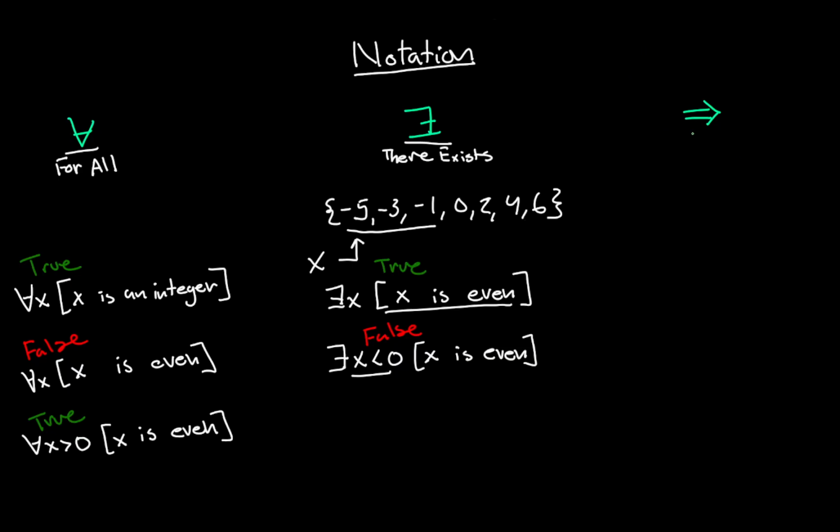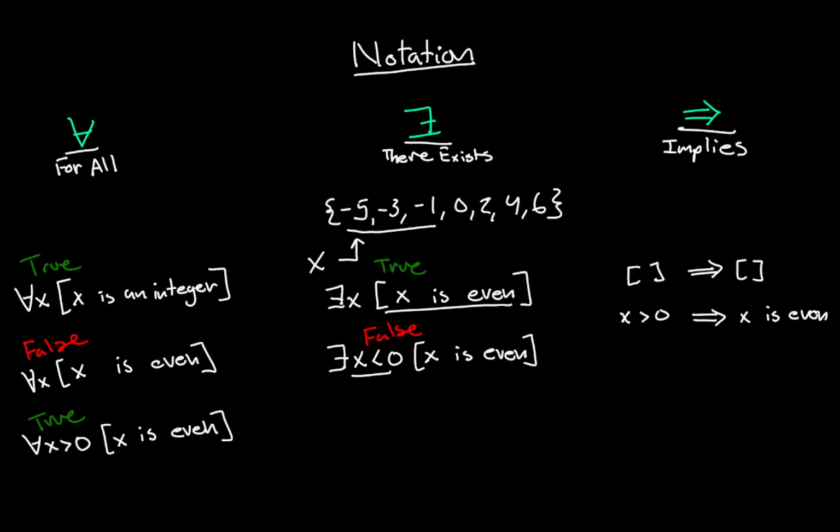And then the last one is implies. You say something over here, and it implies that the next thing over here is true. So let's say x is greater than 0. If you know that x is greater than 0, this is a fact, then it implies that x is even.